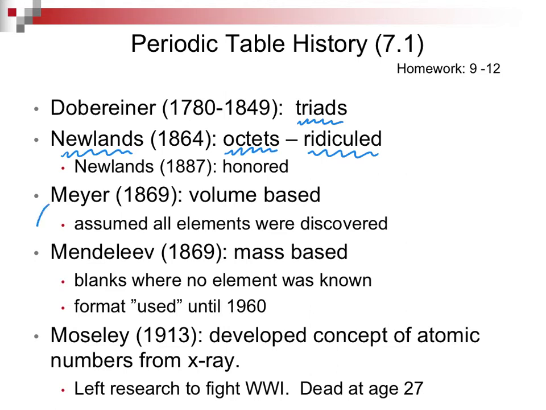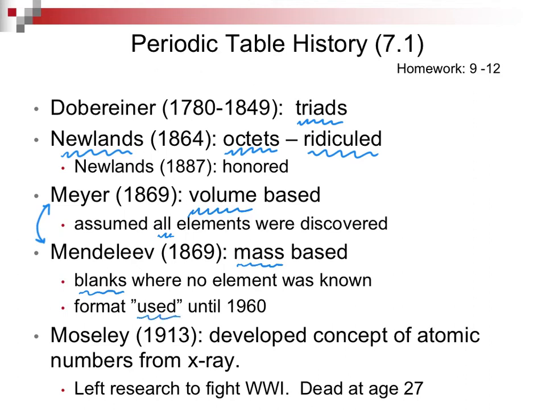There's always been a controversy in the literature as to who really discovered the periodic table. Well, in 1869, two people were working on it, Meyer and Mendeleev. Meyer kind of made a little mistake. He said it was volume-based, and he also assumed that all the elements were discovered. That honestly was not true. Mendeleev is the one that decided it should be mass-based, and the good thing is he left blanks where no elements were found, and the format was used until 1960.